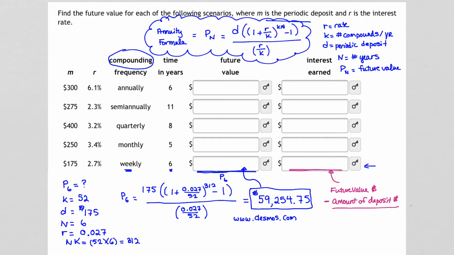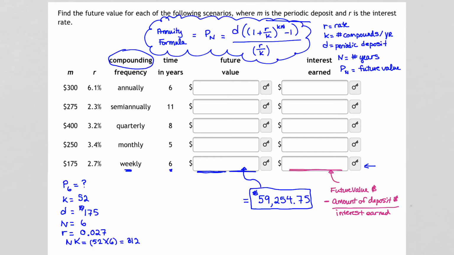When we subtract those two, that's going to tell us our interest earned. So we have a little bit of calculations to do. Let me erase my future value formula. I'll leave my future amount because I need that, and we are going to figure out our total interest earned.